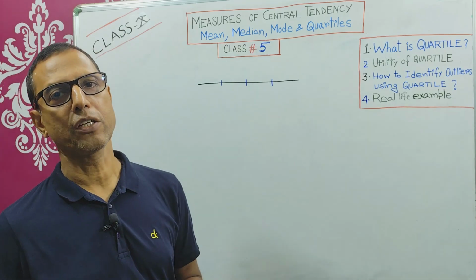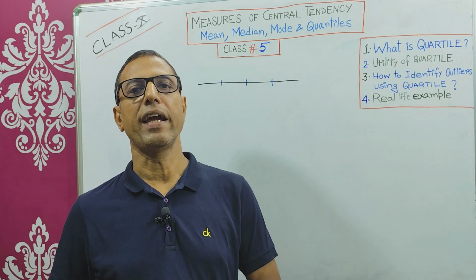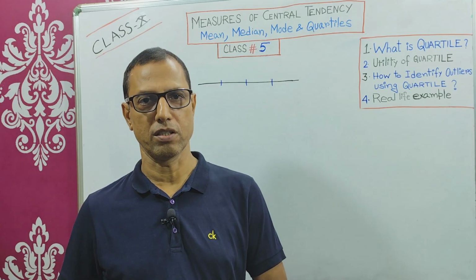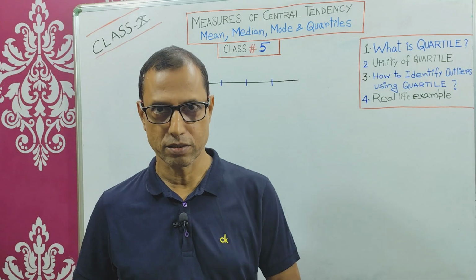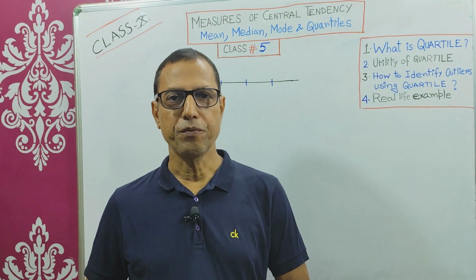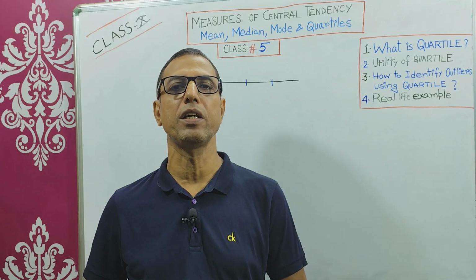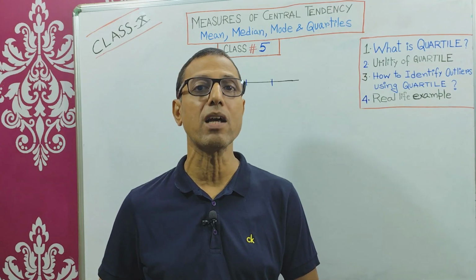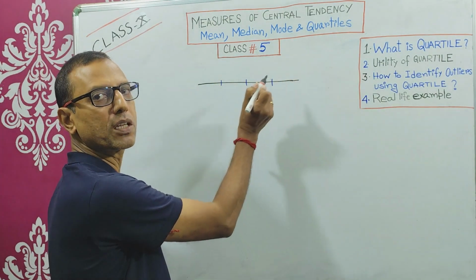So what is actually quartile? Quartile is if you divide the entire set of observations into 4 equal parts with respect to the number of observations, then each part will have an equal number of observations.